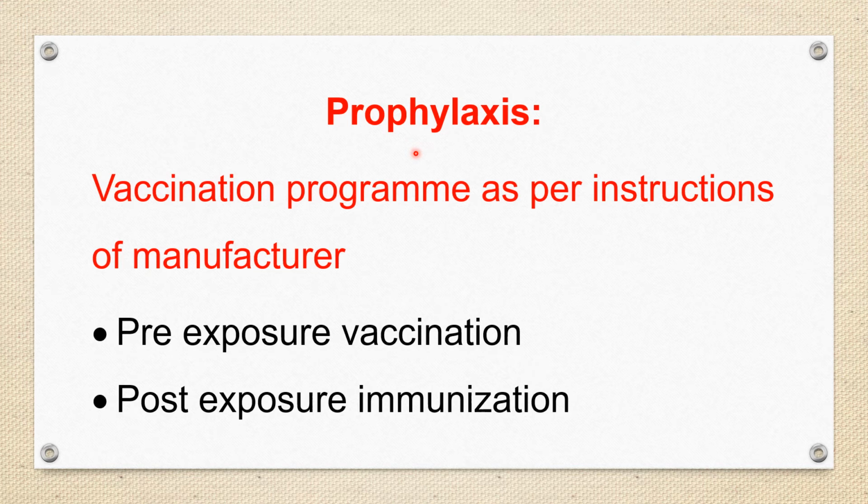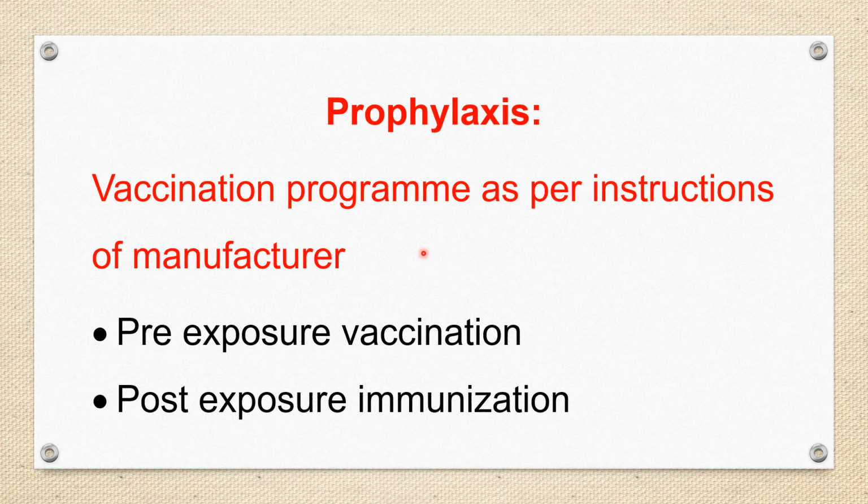We all know that rabies is a dangerous disease. Once rabies occurs, there is no successful treatment. So prophylaxis or preventive measures are very important. There are many commercial vaccines available in the market.